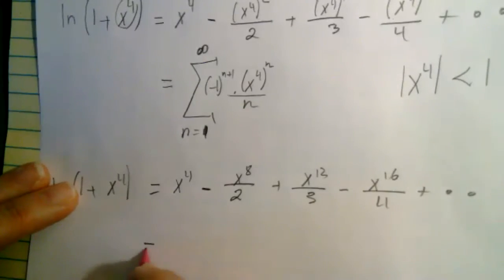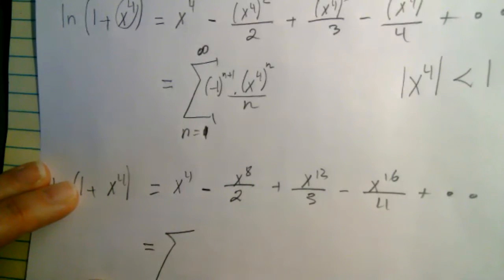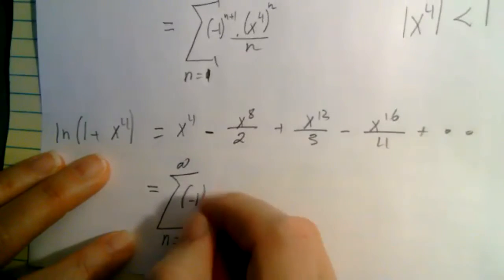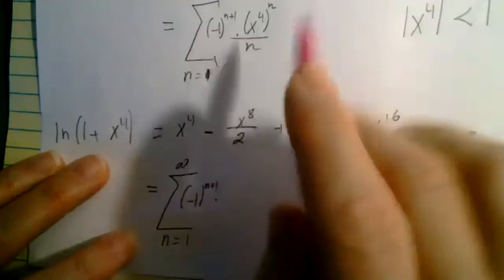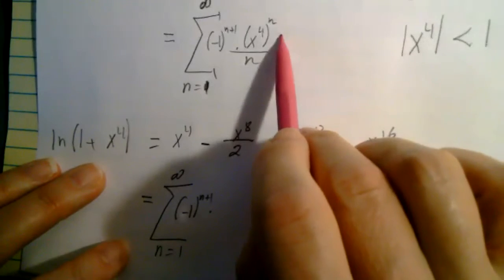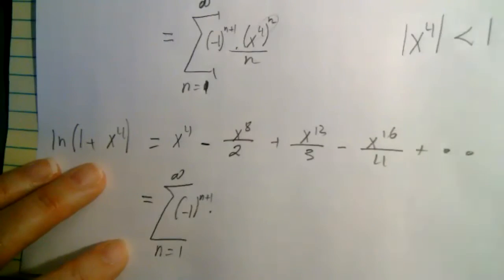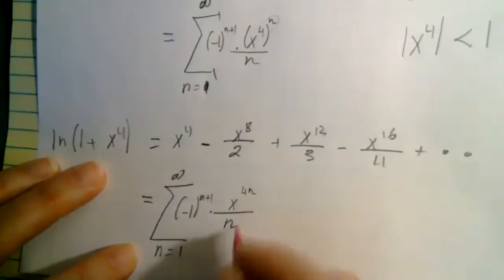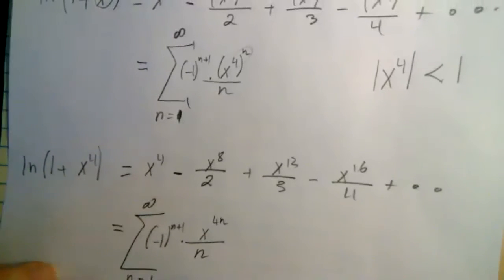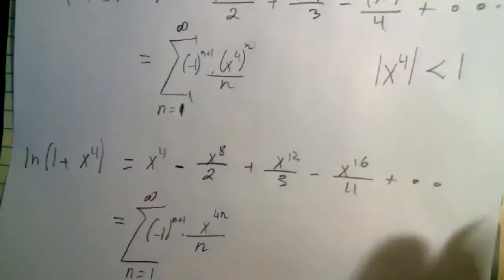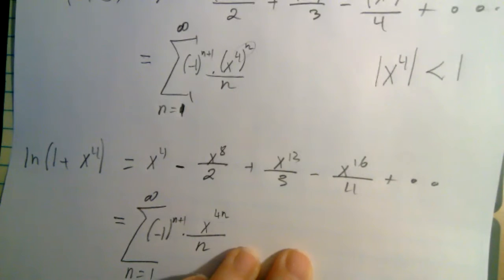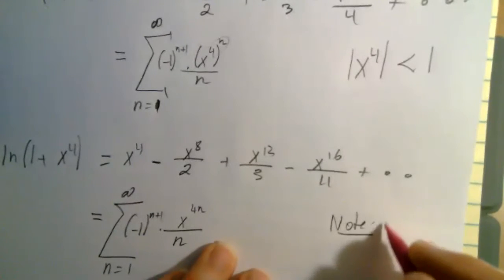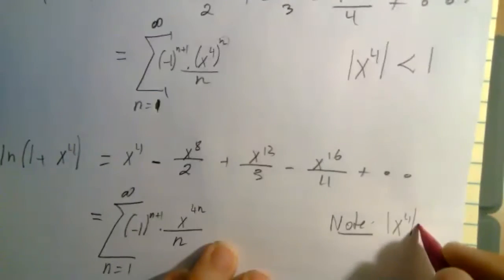So the sigma notation should become the sum from n equals 1 to infinity of minus 1 to the n plus 1 times x to the 4, to the power n, again we multiply, it means x to the 4n over n. Now for which values does the whole thing hold? Note that the absolute value of x to the power 4 is the same as absolute x to the power 4.